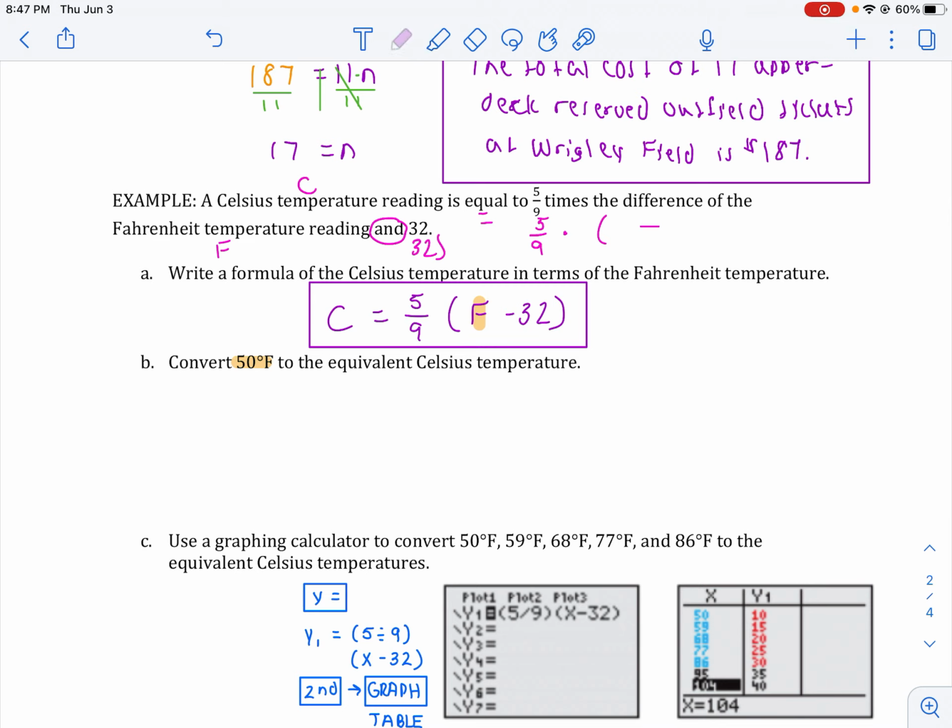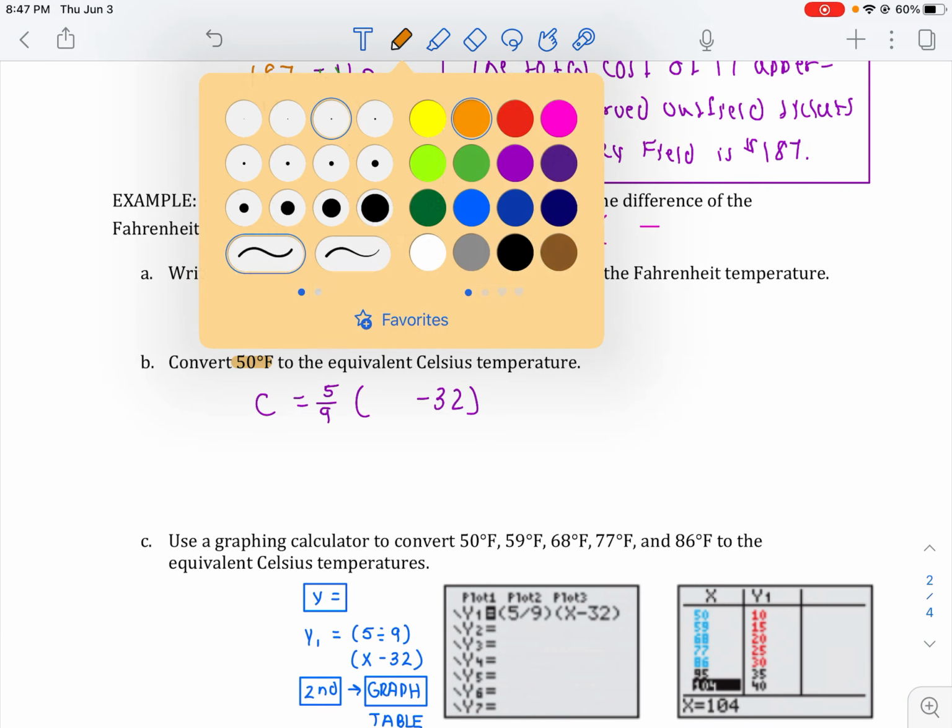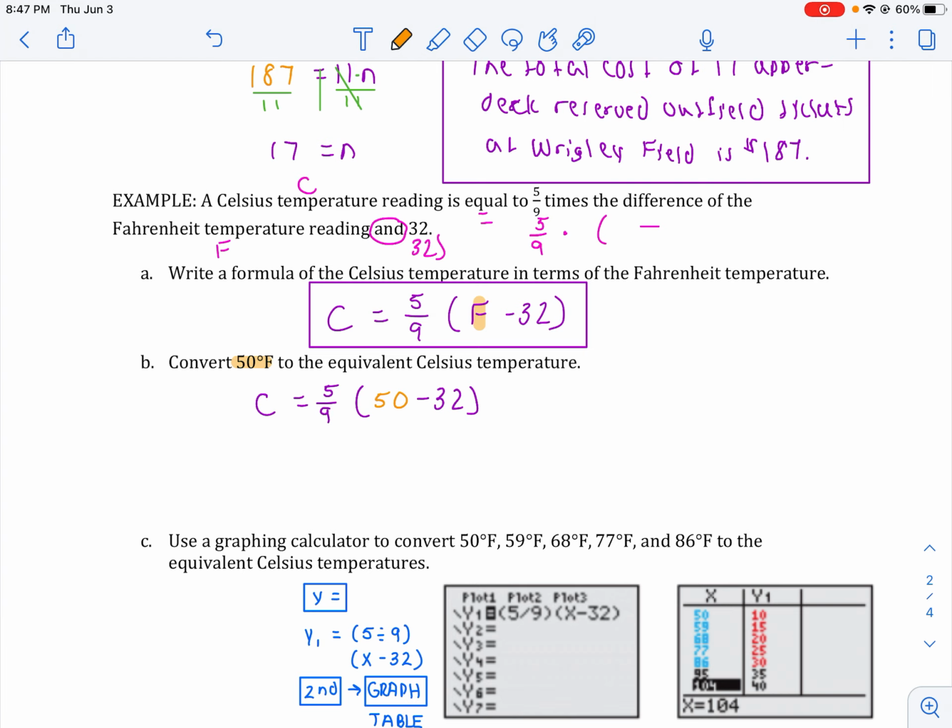So we're going to take 50 and plug it in right there for F. So C equals 5/9 times 50 minus 32. Remember your order of operations, we need to do 50 minus 32 first. So we're going to take 5/9 and multiply it by 18, which comes out to 10. So 50 degrees Fahrenheit would be the same thing as 10 degrees Celsius.